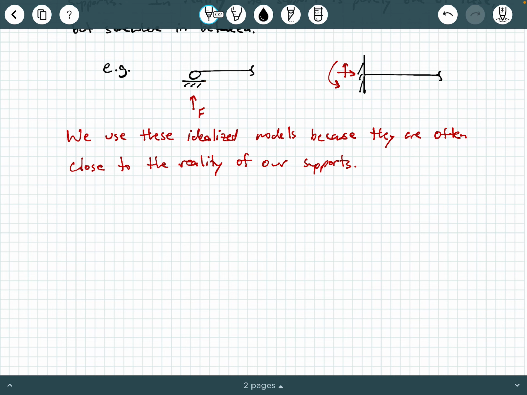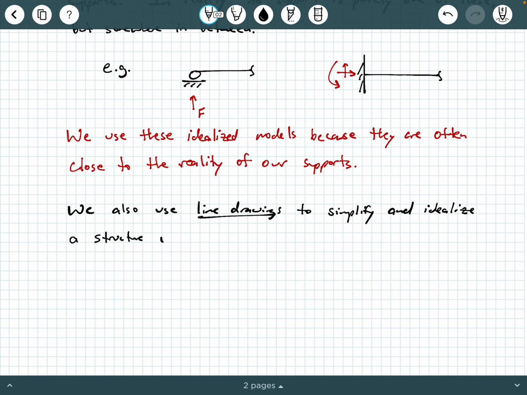Well, another thing we do is we use what are called line drawings, okay? So I'm going to make a note here. We also use line drawings, which of course these little sketches I have here are examples of, to simplify and idealize a structure when analyzing and sketching.